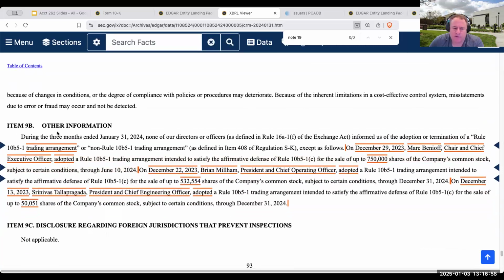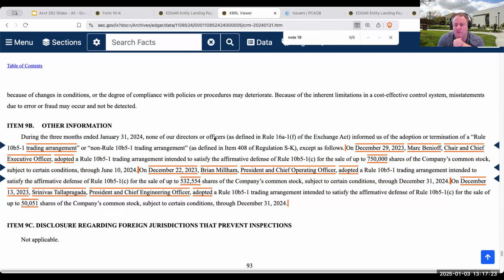So basically, other information. This is saying a Rule 10b-5 trading arrangement of the company's common stock, subject to certain conditions. Okay, so when an insider needs to sell shares, you have to do so under what's called a 10b-5 trading agreement.